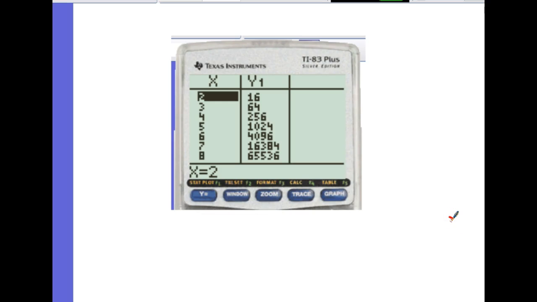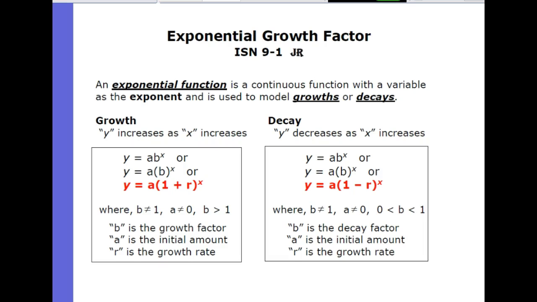Okay, so here I have an exponential equation in my calculator. See if you can guess what I put in my y equals to get this equation. Anything that has the form y equals a b raised to the x power is an exponential equation.